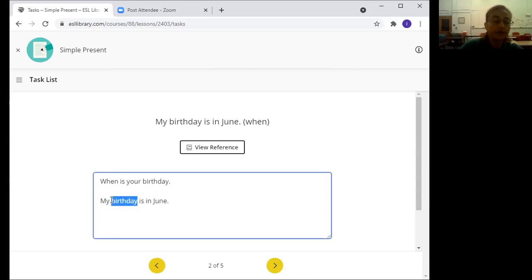A birthday is a third person singular subject, and we are asking a question about the third person singular subject, birthday. This is why we use is as your verb.